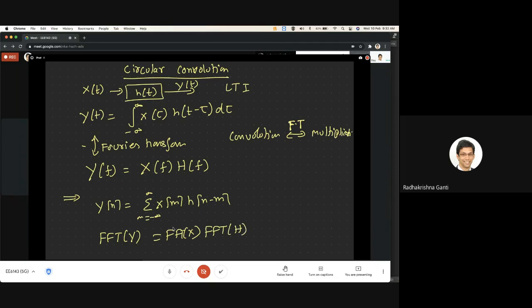No. It's not true. This is called linear convolution, by the way. So FFTs and linear convolution do not play well together, unlike the Fourier transform and convolution in the continuous-time domain. So what should we do?